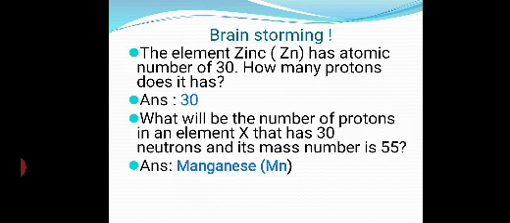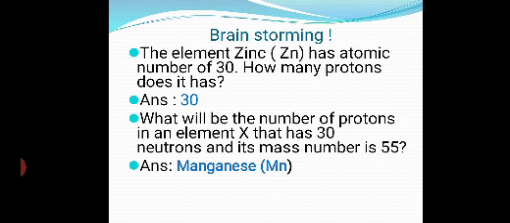If 30 neutrons are there, then you have to add the number of protons and you will get 55. That means there should be 25 protons. When we add 30 plus 25, we get 55.